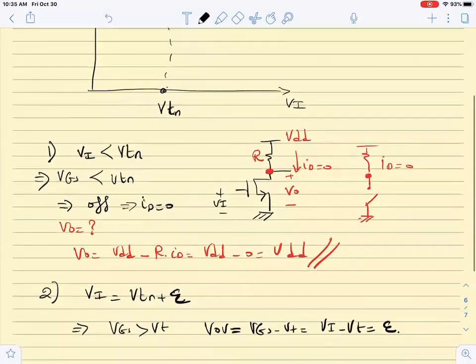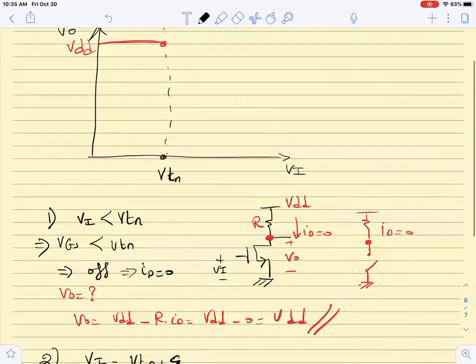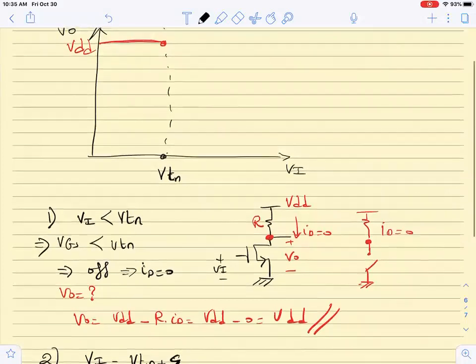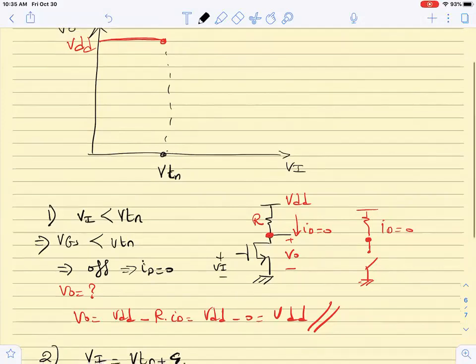Logically, if VN is very small, would my current be very large? No, so I am not going to have a significant drop across the resistor R.